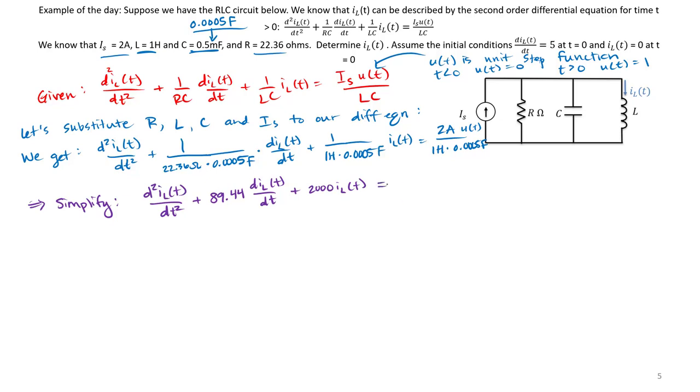And then on the right-hand side, we have 4,000 U of t. And then, of course, for time t greater than 0, that's going to be equal to 4,000. So this is our differential equation. This is the end of step 3.